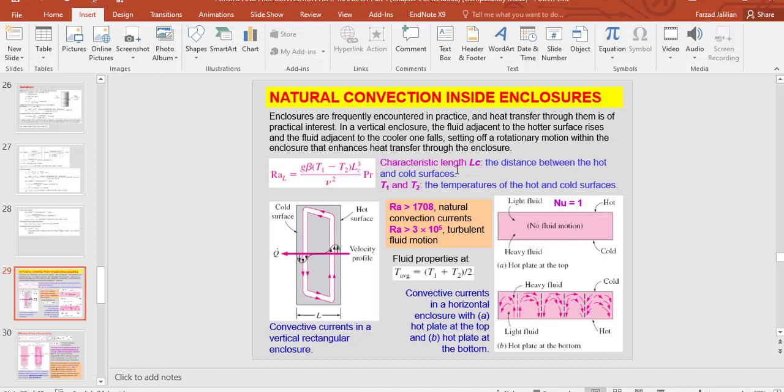So it is important to know how the heat transfer works inside this kind of object.